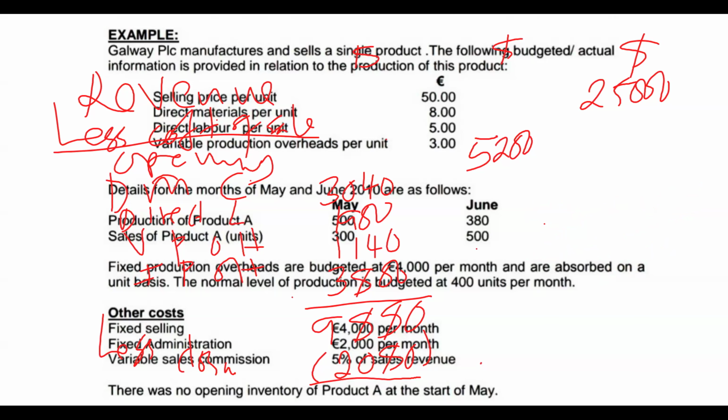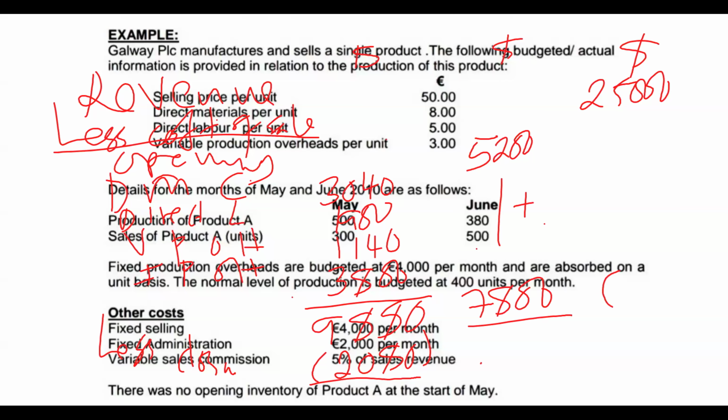The difference shall be added to the opening inventory. What do you find? 7,800, isn't it? Yes, 7,800 can be added to this opening inventory. $13,000.